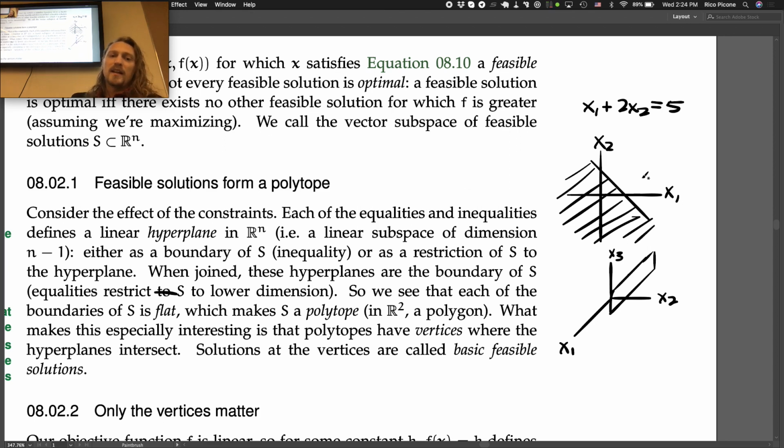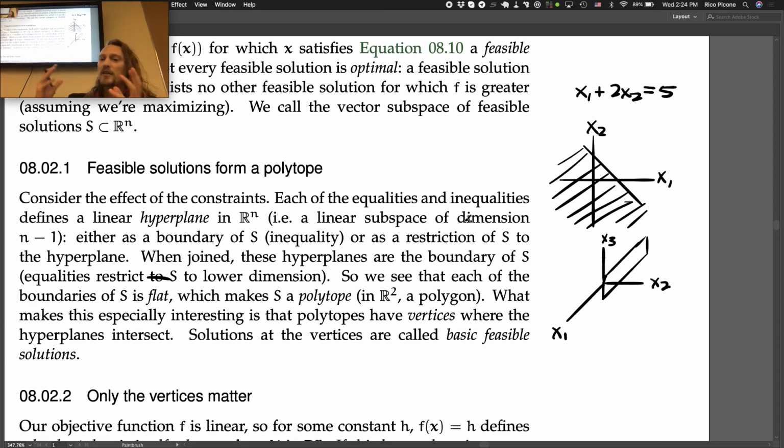So we see that each of the boundaries of S is flat, which makes S a polytope. In R2, a polygon. A polytope is the generalization of a polygon. So in the plane, we're used to seeing polygons like that, right? Well, if you go up to higher dimension, there's a polygon-like thing.